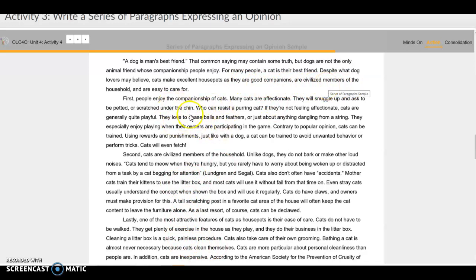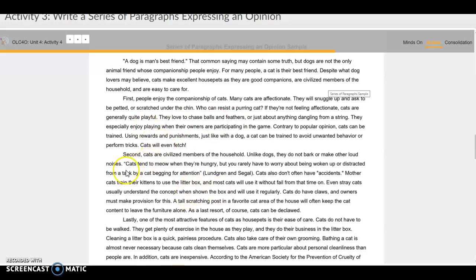You'll notice inside each paragraph what you're trying to do is explain your point and provide supporting details. So you're using the methods of proof, whether they be facts, quotations, comparisons. You can look back at the methods of proof from earlier in this unit and use any of them to support your points.